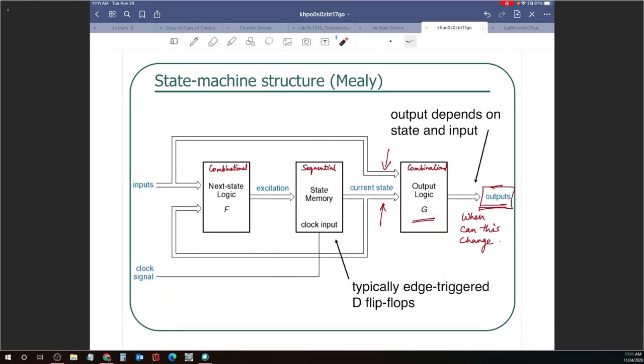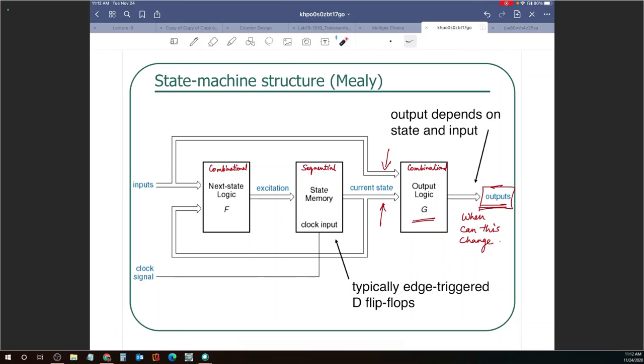So if you had both these connections, then your outputs can change when the current state changes to the next state or the inputs change anytime. And we know that the outputs of flip-flops only change based on the clock because they are edge triggered. However, inputs are in the user's control, so they can change anytime the user wants, and you would change the outputs. For a Moore machine, this is not there. So you would have to go through the state memory in order for the outputs to change.